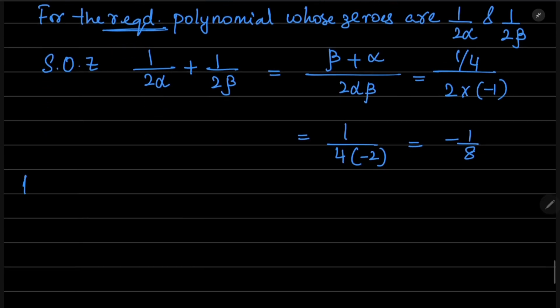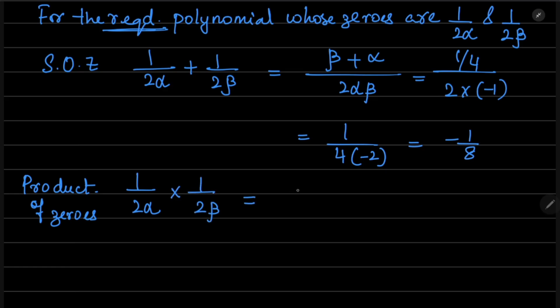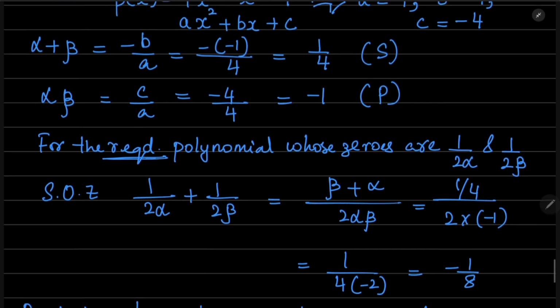Okay. Now let us calculate the product of the zeros. The product of the zeros is 1 by 2 alpha multiplied by 1 by 2 beta. What is the product? It will be 1 divided by 4, 2 into 2 is 4, alpha into beta is alpha beta. So 1 divided by 4 into what is alpha beta value?